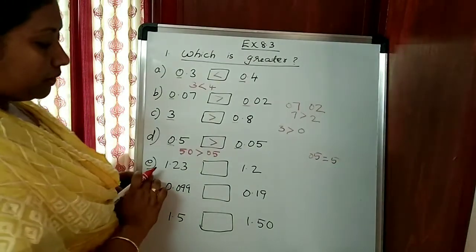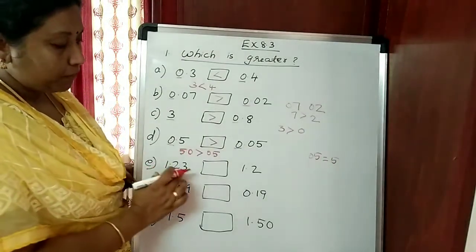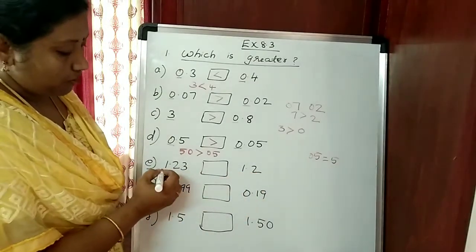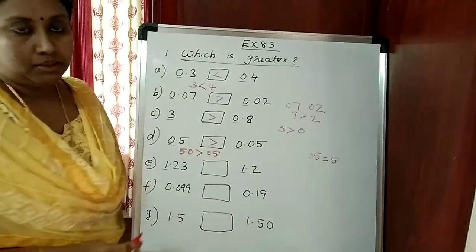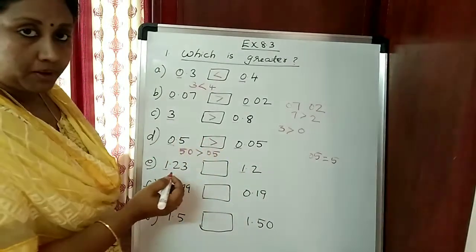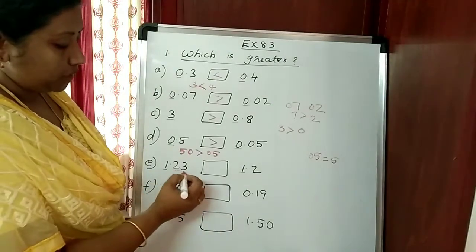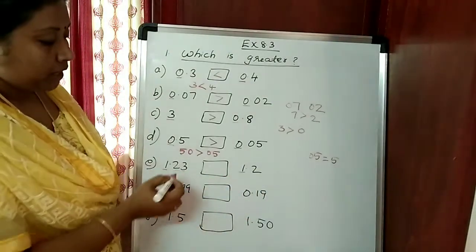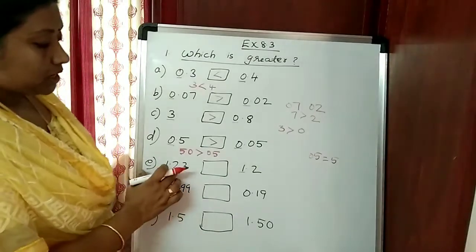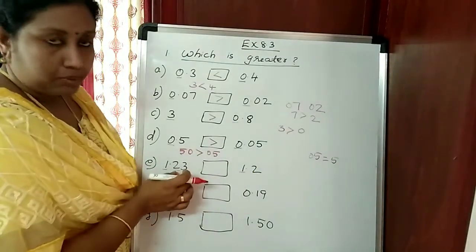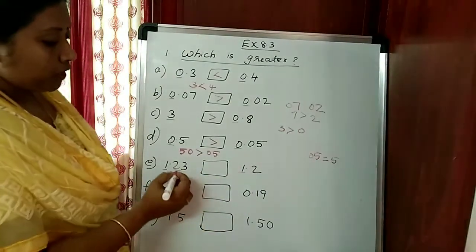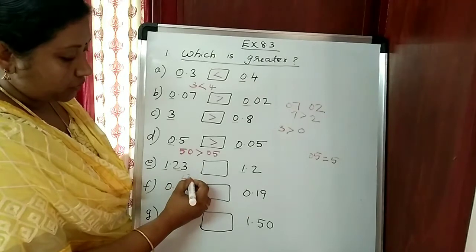Then question number E, 1.23 and 1.2. Here also the whole number part 1, here also 1. Then our next step, our decimal part, here 23, here 2 only. Then convert this into like decimals. That means here is 2 digits in the decimal part, here is only 1 digit. So this 20, here is 23.